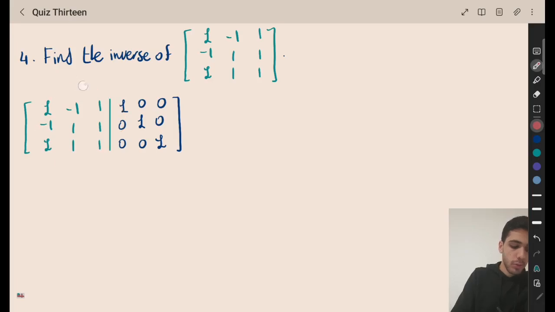So we want to make this an identity matrix, which means we want this to be the pivot. We want to make zeros here, here, here, and here. And we want the ones on the diagonal as always.